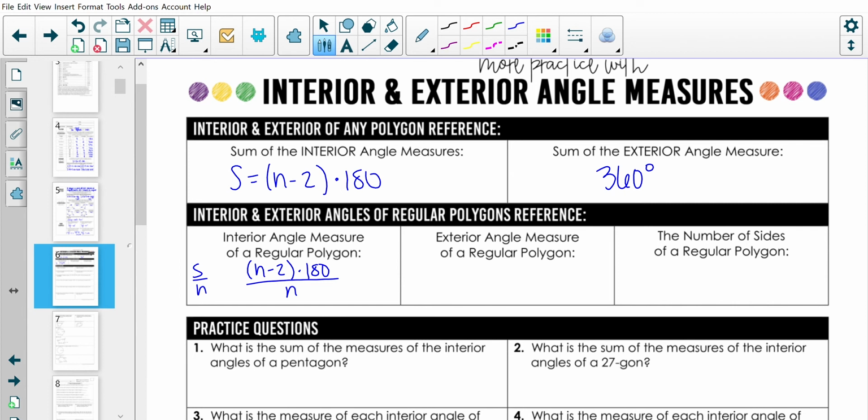How would we find that? 360 divided by the number of sides. And the number of sides of a regular polygon, we did what? 360 divided by the angle measure, right? The exterior angles.